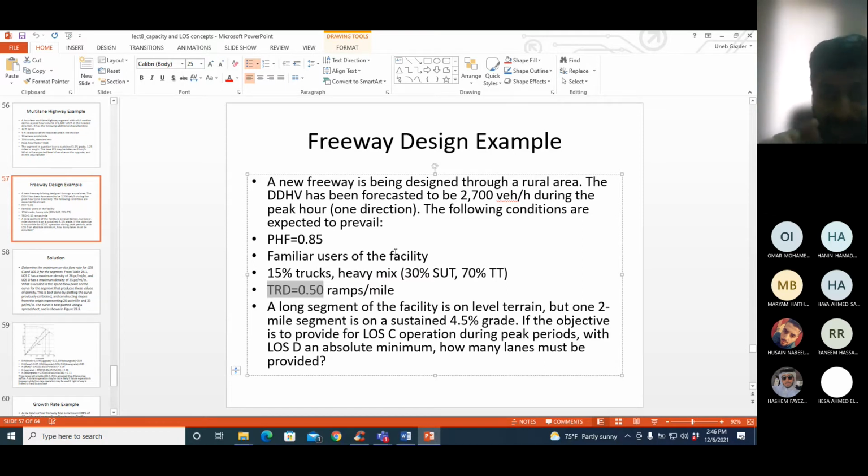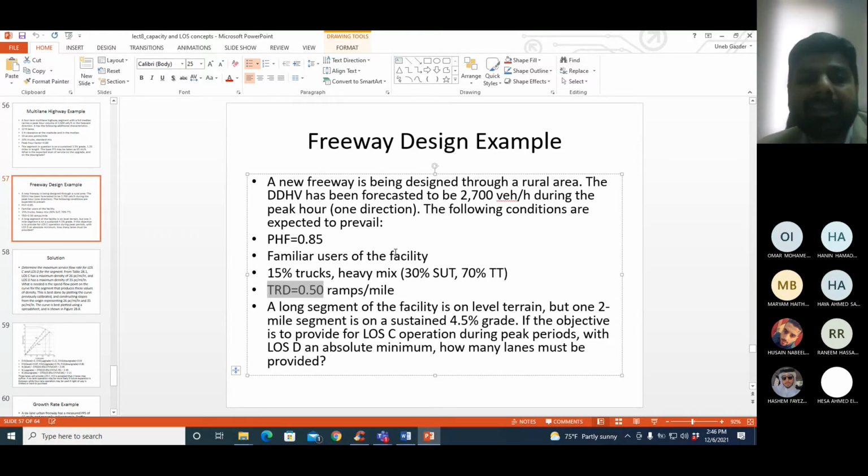Now, for this example, since it's a design problem, I can even work without them giving me the values. Whenever you are designing, you design using standard values, unless the client says that you cannot use a standard value.